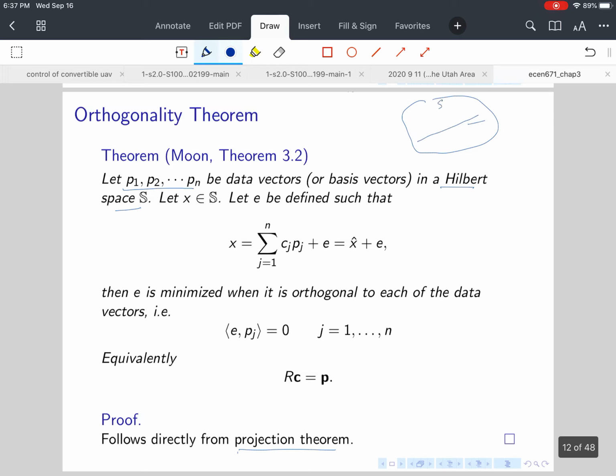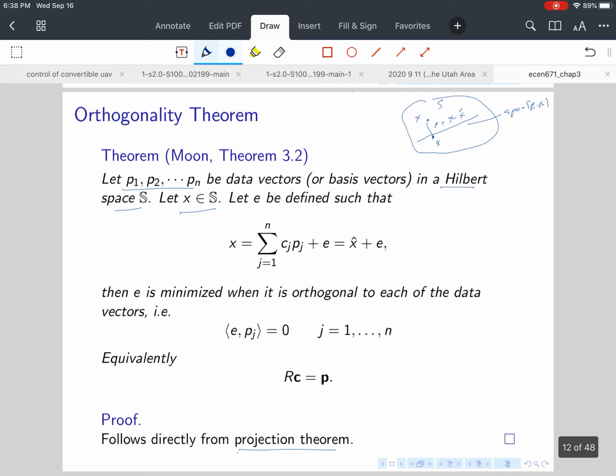So again, here's our picture. This is S, and inside here we have the span of P1 up to Pn, and X is out here. What we want to do is find our element here, X hat, that minimizes the difference E equals X minus X hat.